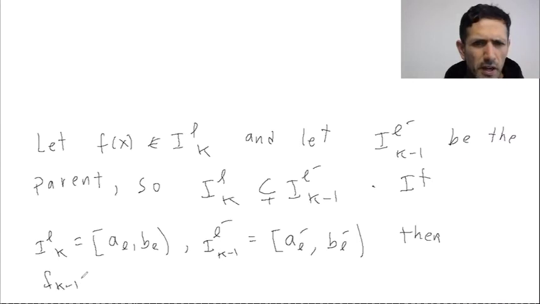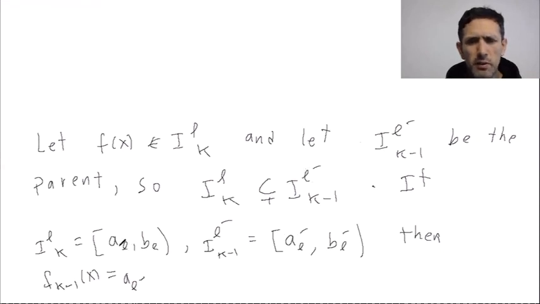So f_(k minus 1) of x, that's going to be the left endpoint here, that's a_L'. Well, we have that I_L^k is a subset of I_L'^(k minus 1).